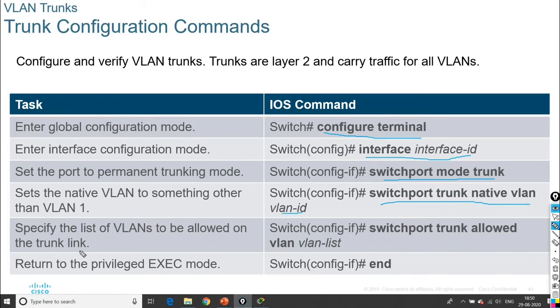To specify the list of VLANs allowed on the trunk link, use the command switchport trunk allowed vlan. You can allow as many VLANs as you need. To go back to privileged mode, use the command end. Okay, we go with an example.